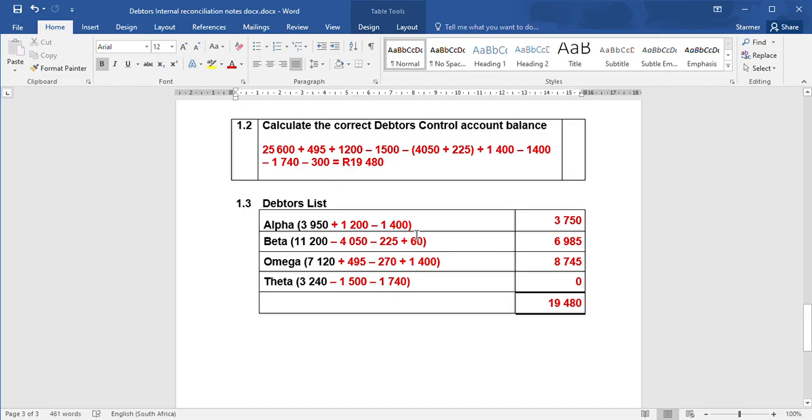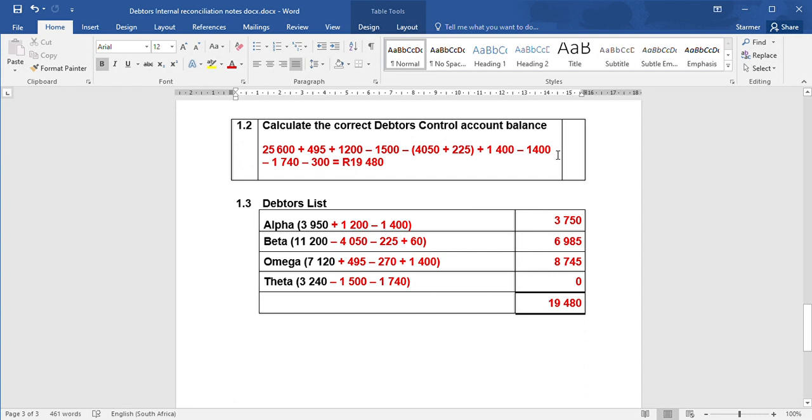Now when you were in grade 10 and you did a detailed general journal, I don't know if you can remember, you had debit credit, and then you had debtors control debit credit, and creditors control debit credit. If you were doing the full general journal, under debtors control, you would have put the 1,400 under the debit column for Omega and the credit column for Alpha, which means you need to show it over here.